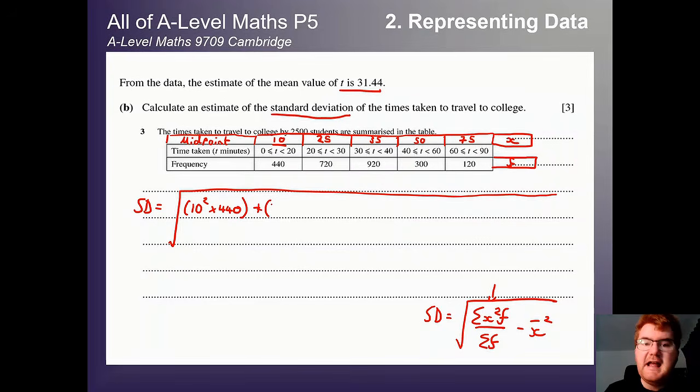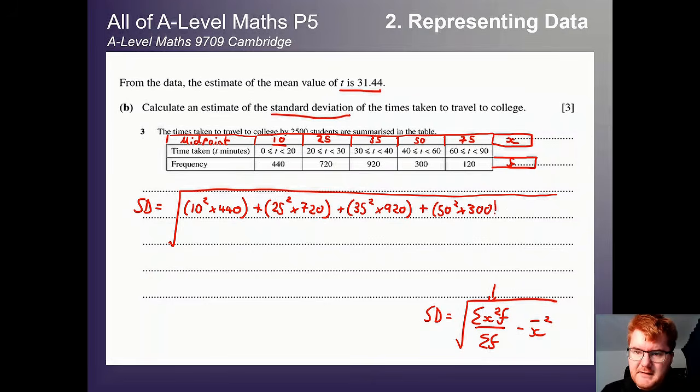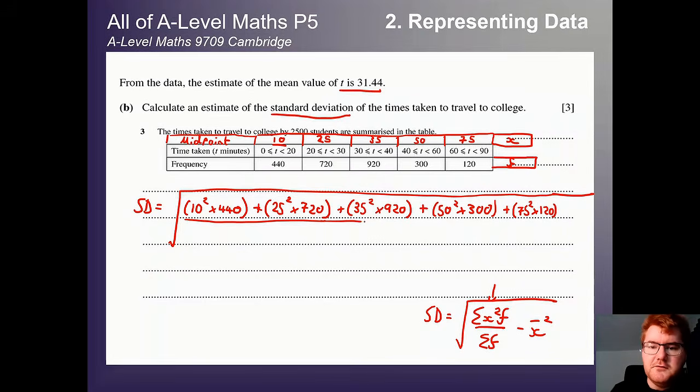So we take the x term, the 25, we square it, times it by 720, and we add all these results together. So 35 squared times 920. You need to write this out for your exam, just so the examiner has seen this. So 50 squared times 300, and then the very last one, 75 squared times 120, and that's all divided by the total frequency.